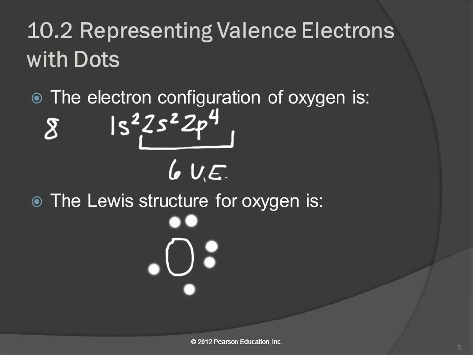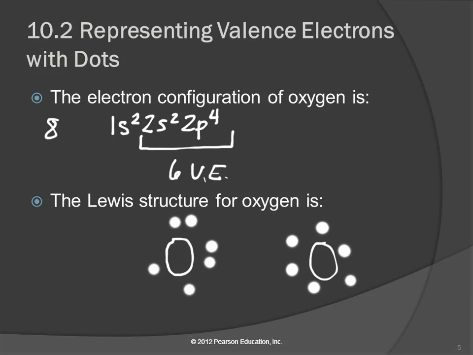If you put them in a circle, like if you have oxygen and you just do them kind of randomly, 1, 2, 3, 4, 5, 6, that wasn't very random. It's harder to look at them. We want to avoid having to count dots. So that's one reason. The other reason is that when electrons form bonds, they do so in pairs.